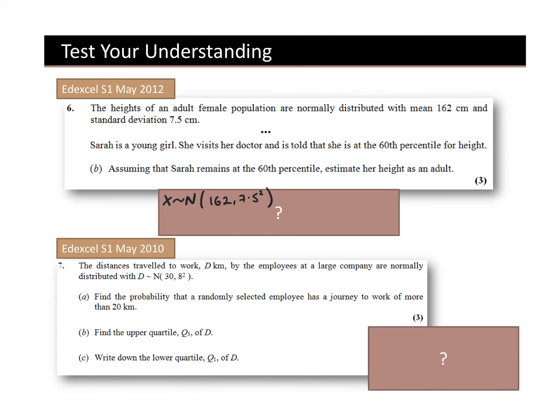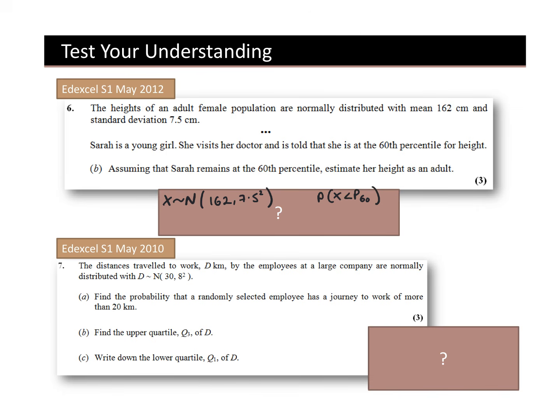We need to find our value for our Z, don't we? So, we're saying we want the probability of our X being less than the 60th percentile. Okay? Estimate her height as an adult.